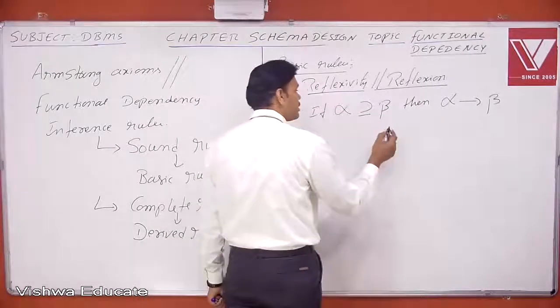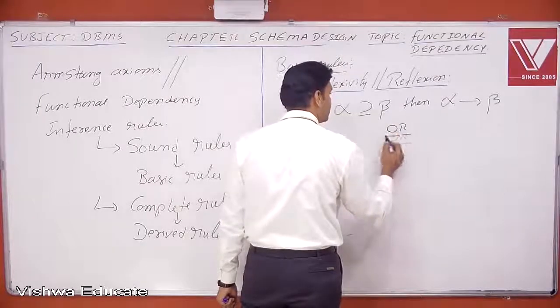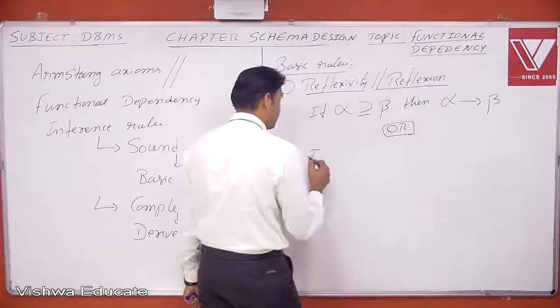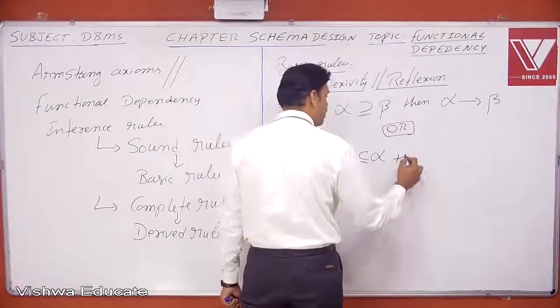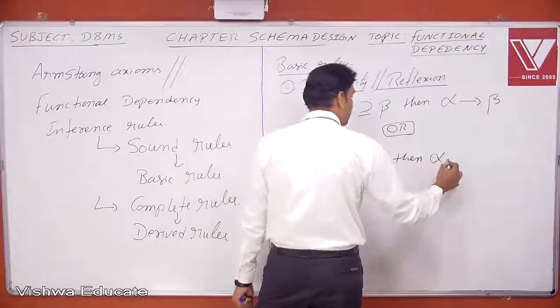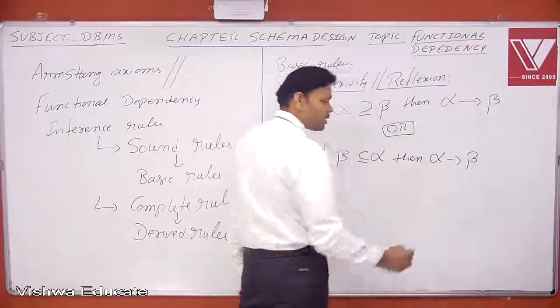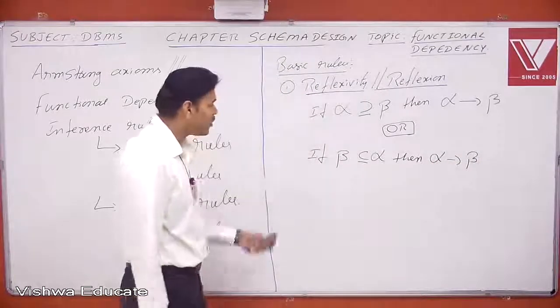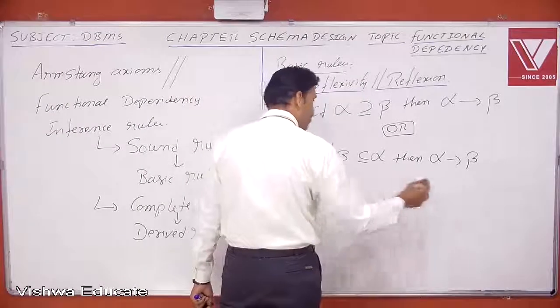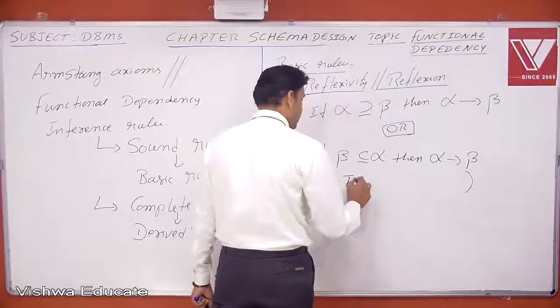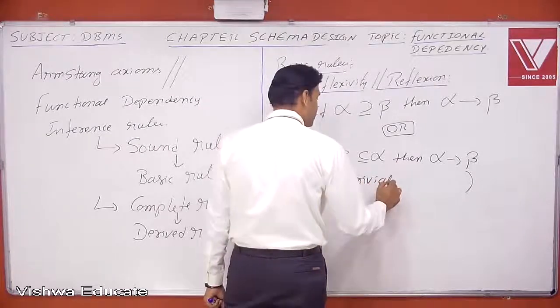You can easily guess, I can rewrite this condition in such a way: if beta is a subset or equal to alpha, then alpha tends to beta, both are the same. So what do we understand? This rule tells you what kind of FDs? Trivial FDs.